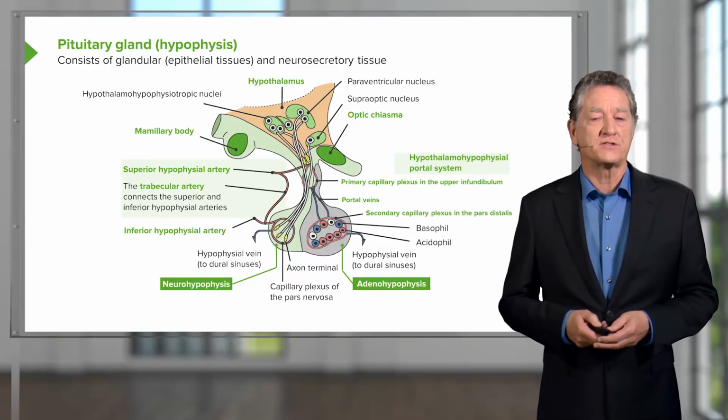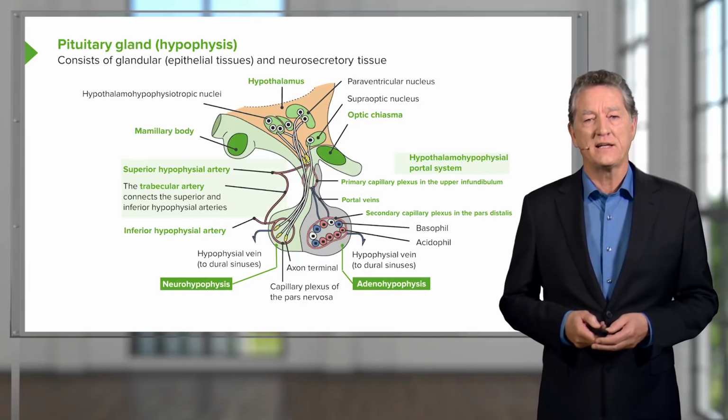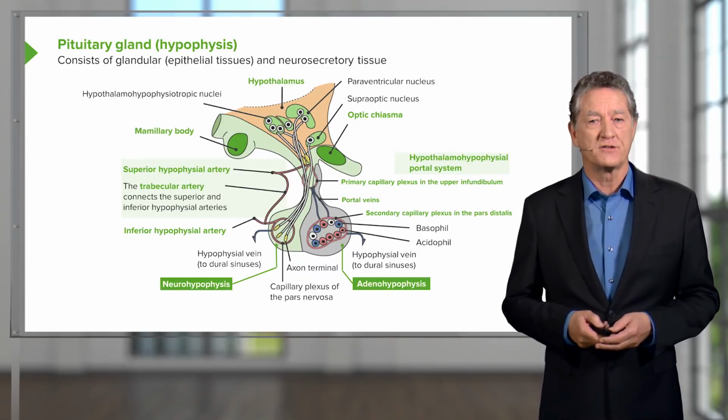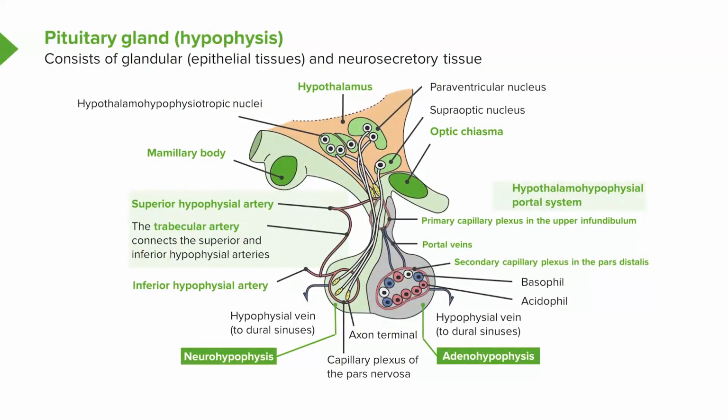So the secretion of oxytocin and ADH is from neurosecretory cells directly into fenestrated blood capillaries indicated there in the diagram. The blood supply to this region comes from the inferior hypophyseal artery. So that's the major role of the paraventricular and supraoptic nuclei, providing secretory products into the posterior pituitary.